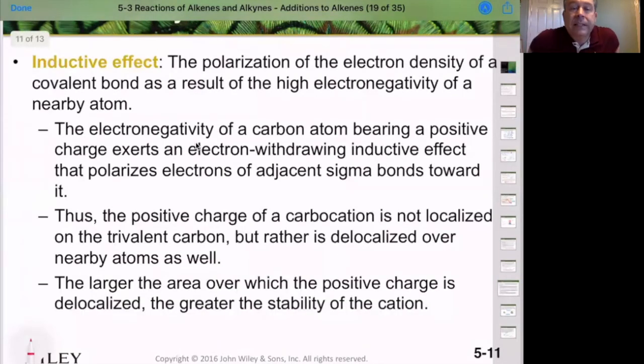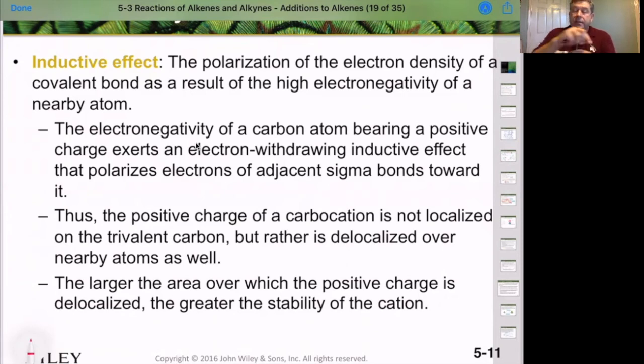Okay, the reason it's more stable is what we call the inductive effect. That's basically saying, I have a positive charge here, and to help stabilize this charge, I want to pull in electron density from as many places as possible. This is a trigonal planar carbon, so it is bonded to 3 other things. If it's bonded to 3 other carbons, it can pull a little electron density from each of those carbons to help stabilize that charge.